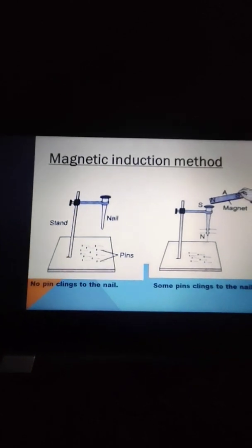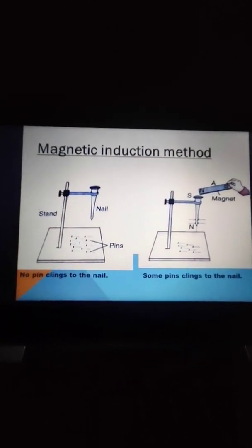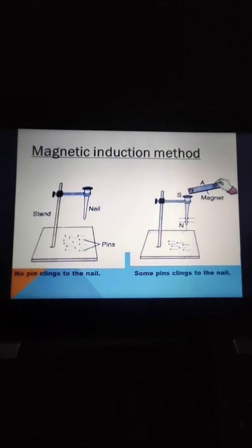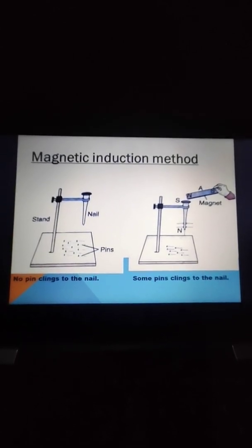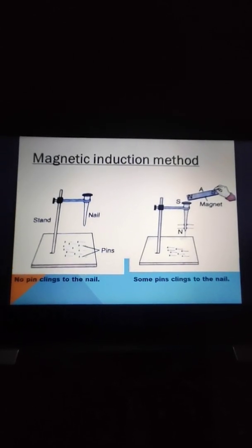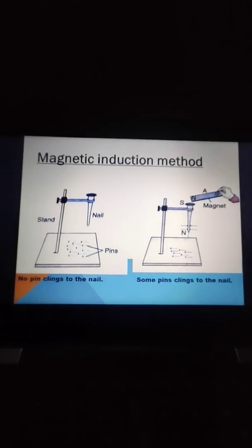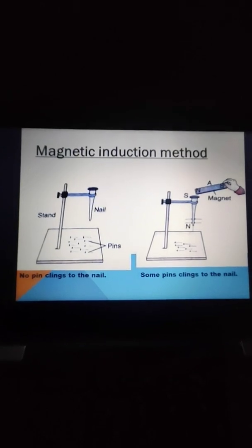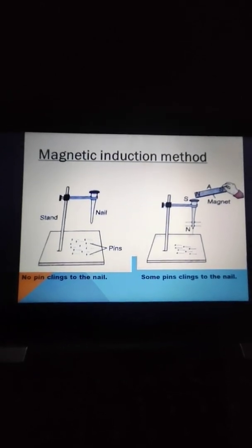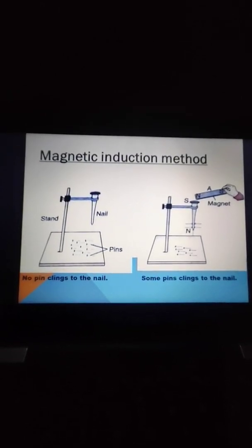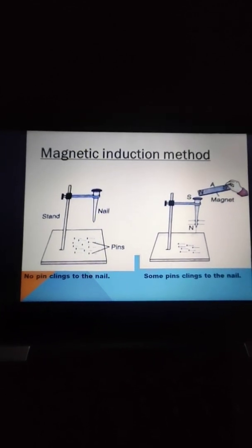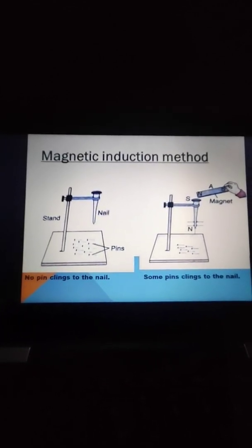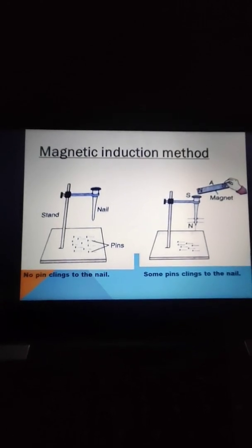For this we have taken an example. We have taken a long nail and put it on the arm of a stand passing through a cork, and as shown in your figure 1, there is a vertical stand and there are some iron pins lying on the base of the stand. You will see the pins do not move towards the nail because there is no magnet in figure 1.